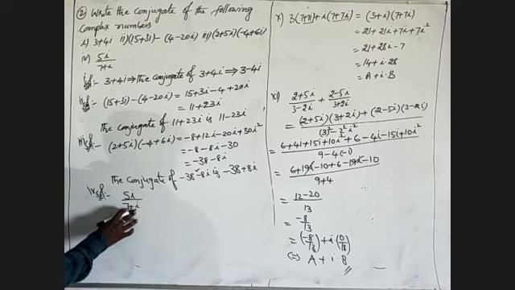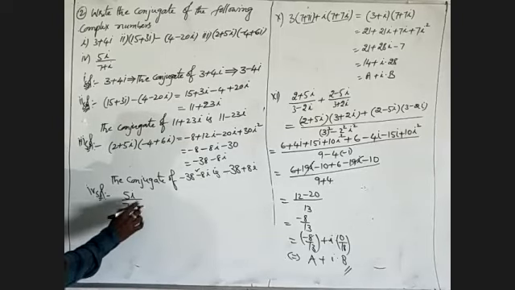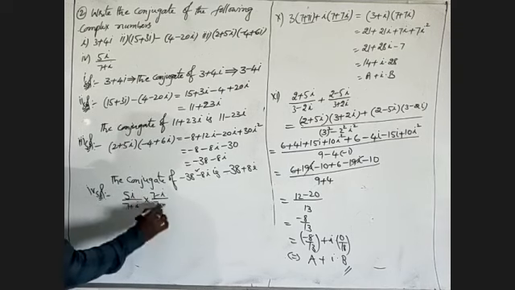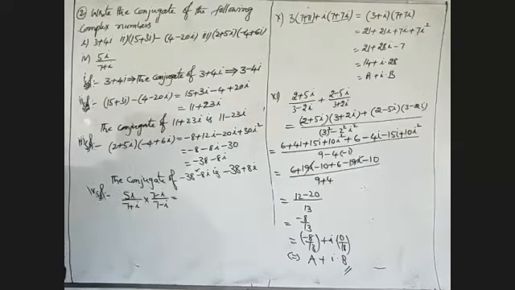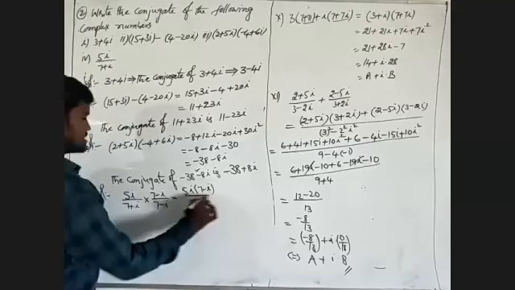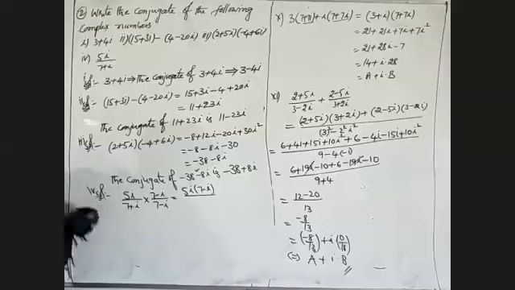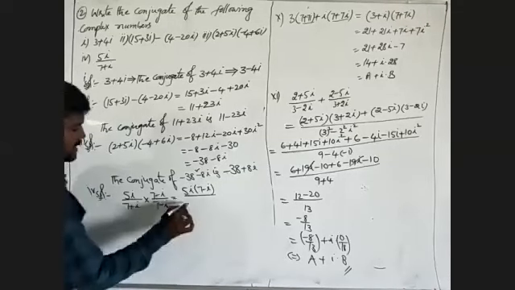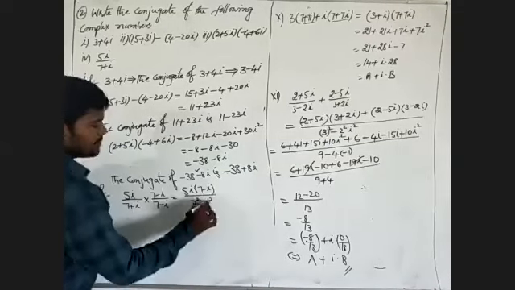The conjugate of 7 plus i will become 7 minus i. Rationalizing, we multiply by 7 minus i by 7 minus i. That means 5i into 7 minus i, and the denominator is of the form a plus b into a minus b, so it is 7 square minus i square.